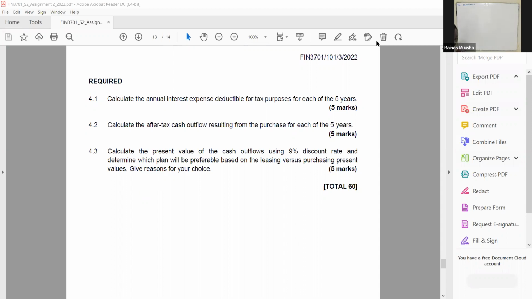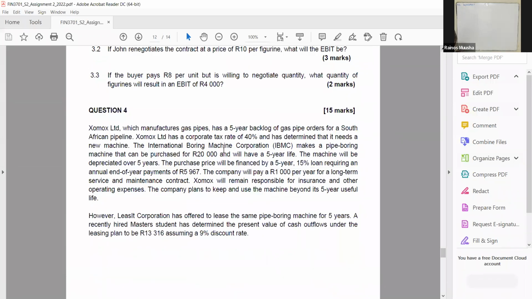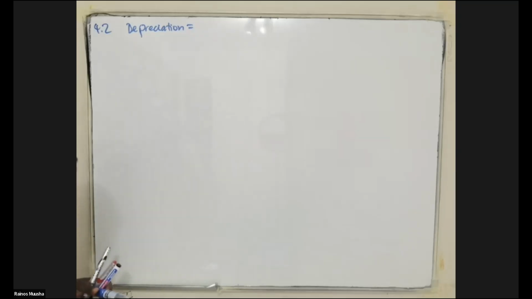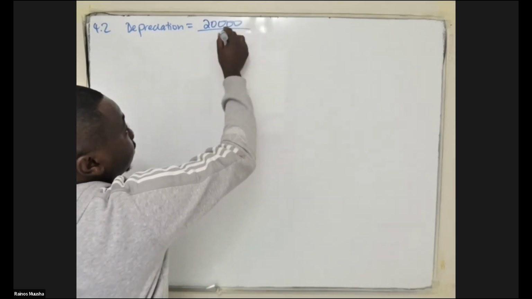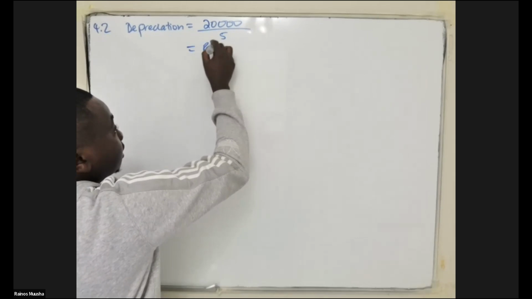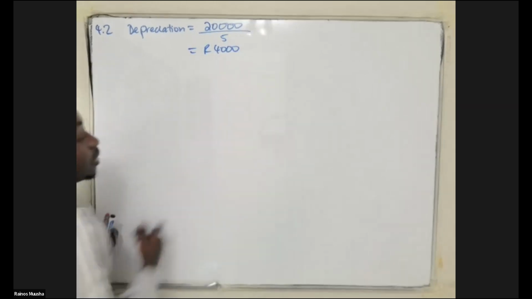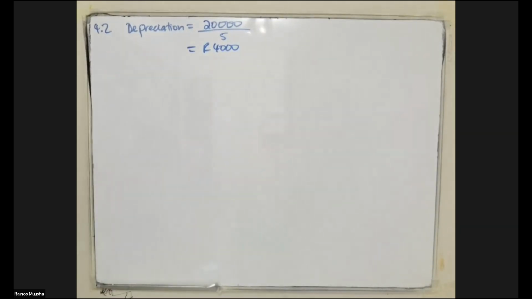If you check the question, they tell us that the machine will be depreciated over a 5-year period, and the cost of the machine is 20,000. So we're assuming a straight line method here, which means it's going to be 20,000 over 5. So the depreciation per year will be equal to 4,000.